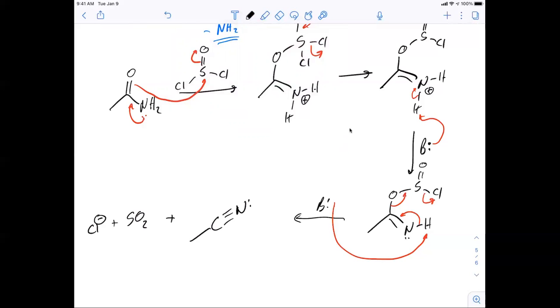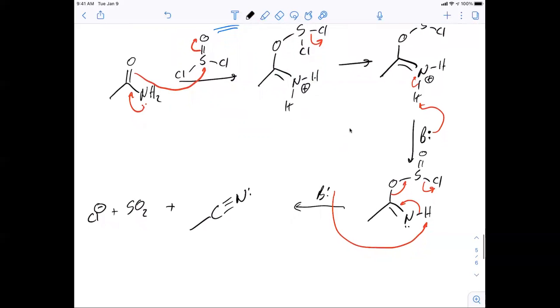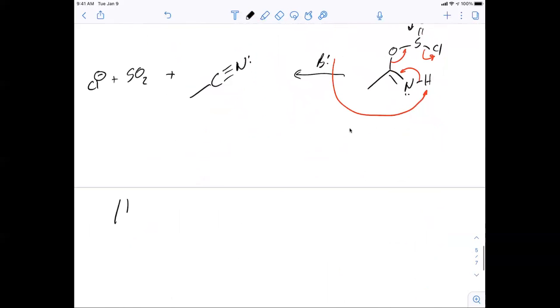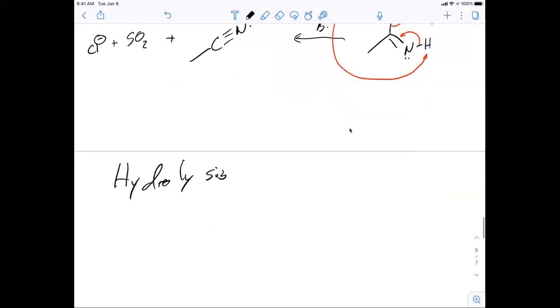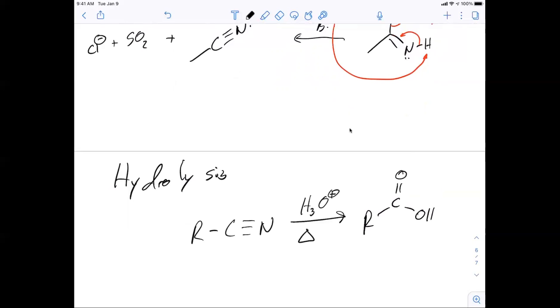Okay, questions about this one? Again, similar processes. So hydrolysis. You can do acid catalyzed.